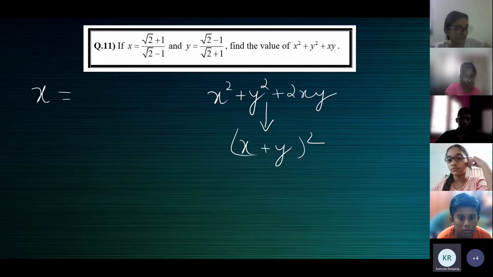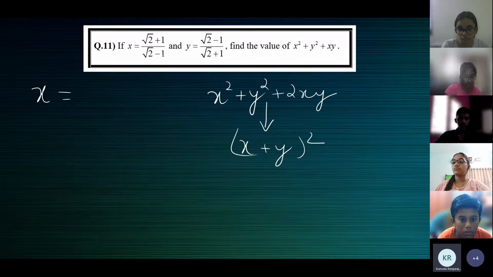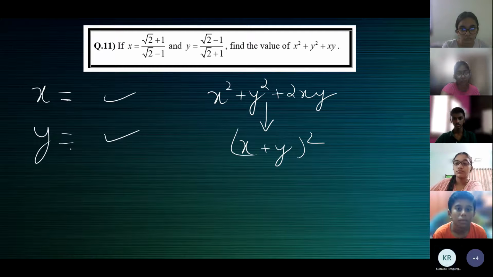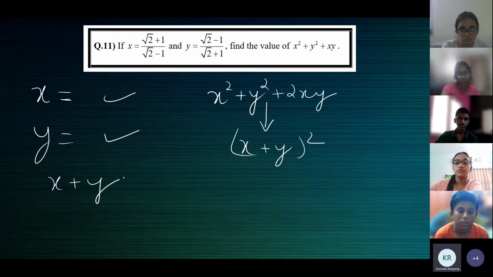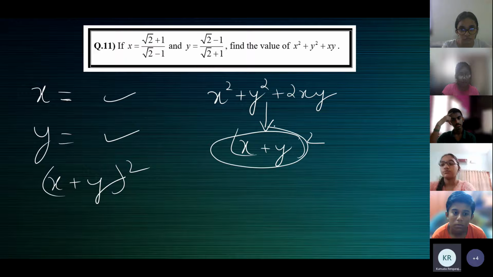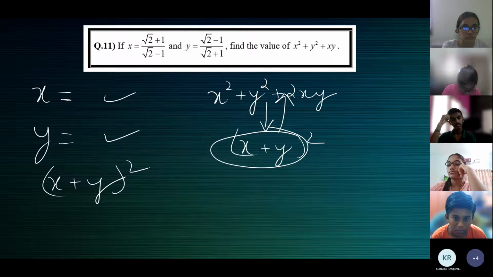In the question, the expression for x does not have a rational denominator, so we need to rationalize the denominator in x. Then we take up y, rationalize the denominator, and find that. Next, we find x plus y, and if I square that answer, I get x plus y the whole square, which is nothing but x squared plus y squared plus 2xy.